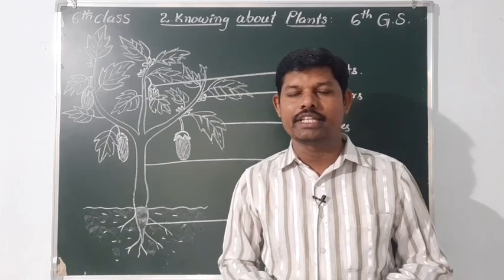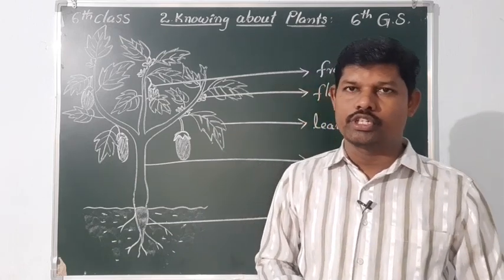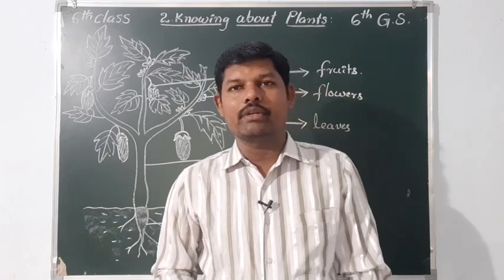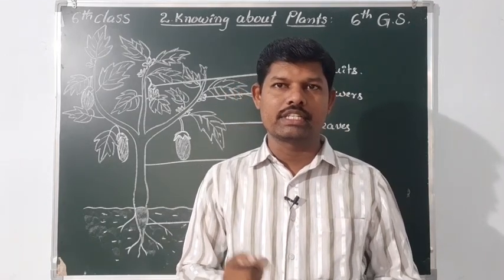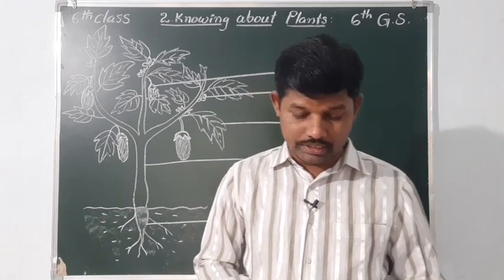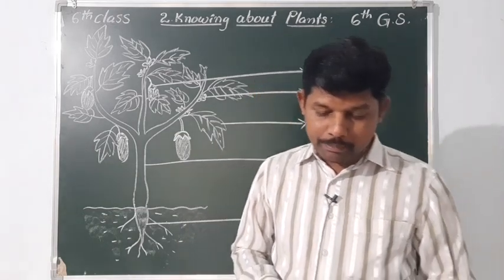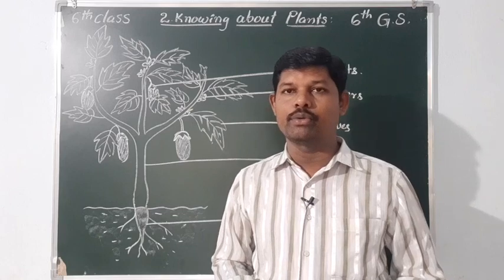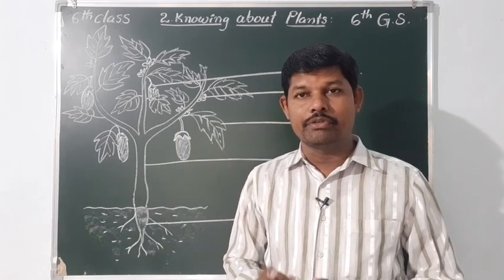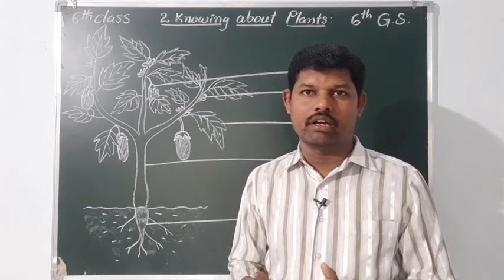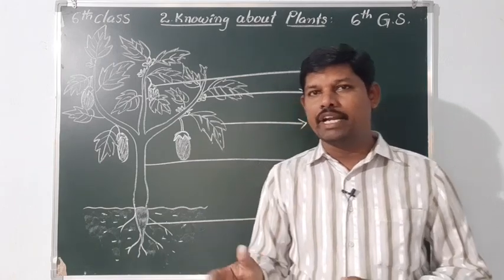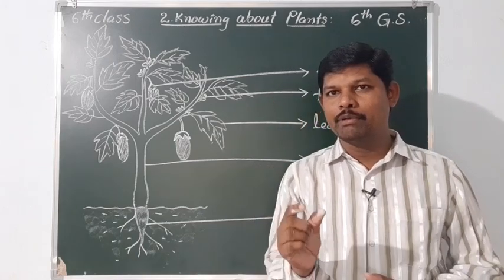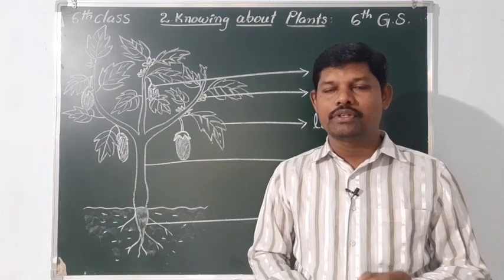After completing that, we have some questions to answer. So what are those questions? See the textbook. First question, did you find any plant which does not have roots? That means any plant without roots. You have to write down.